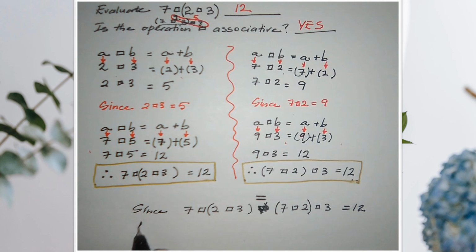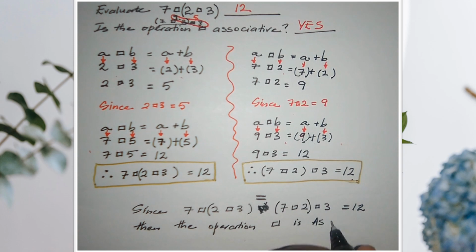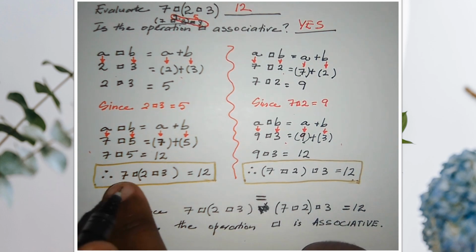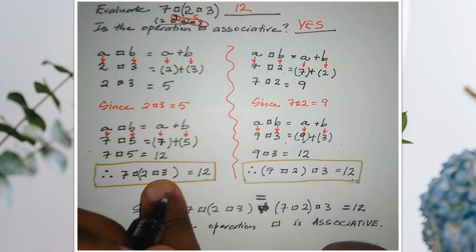then the operation box is associative. Good. So if you switch the grouping, look at it. In this group, it was 2 and 3.